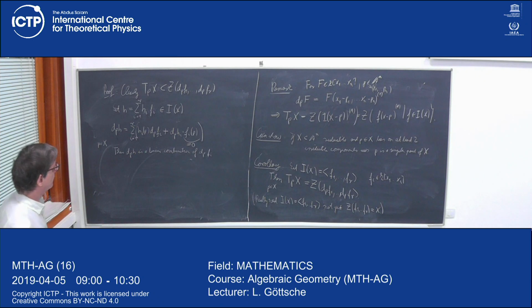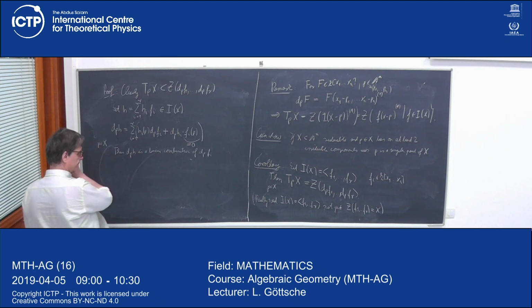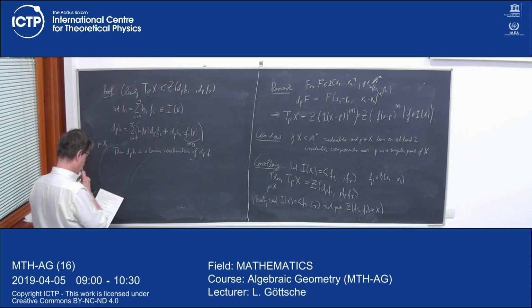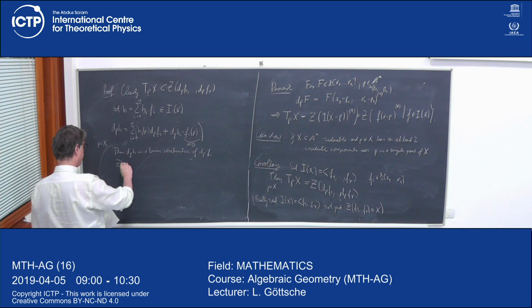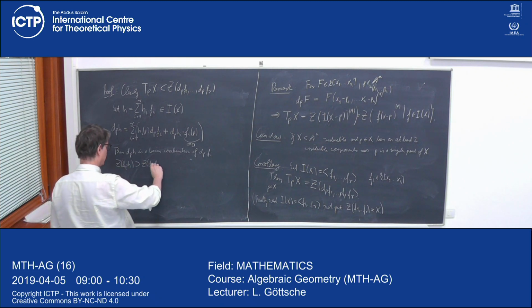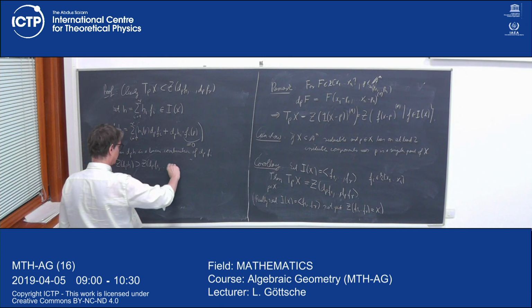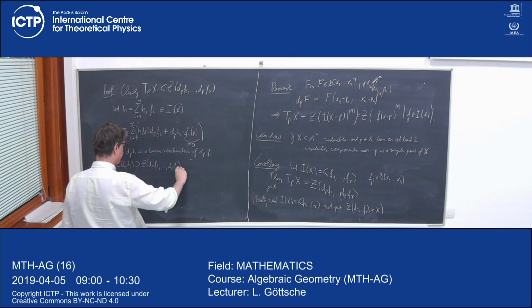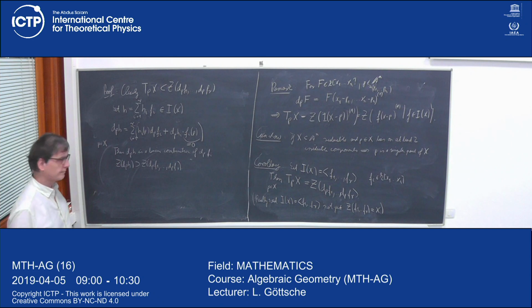And so obviously the zero set of dpH will always contain the zero set of dp f1 to dp fr. Okay, and so it follows.